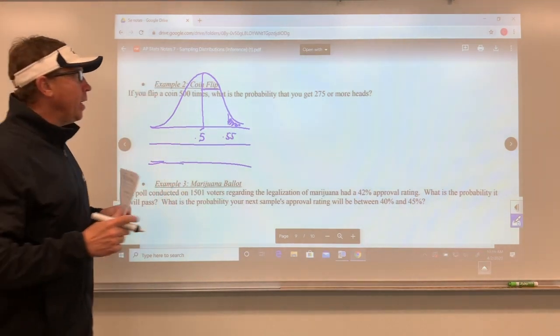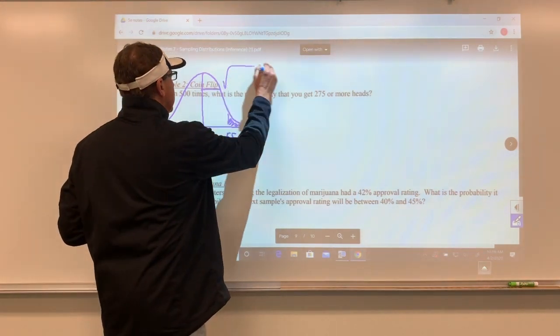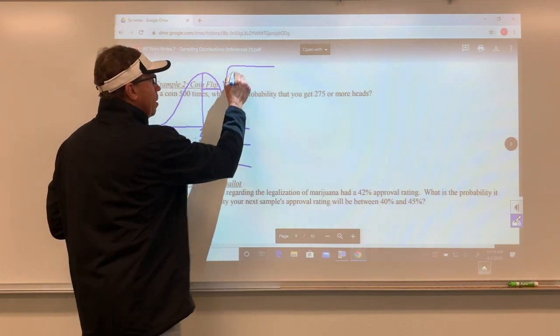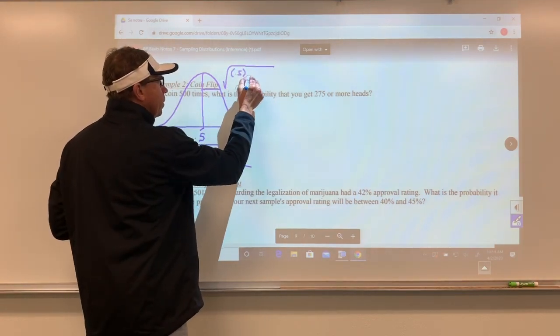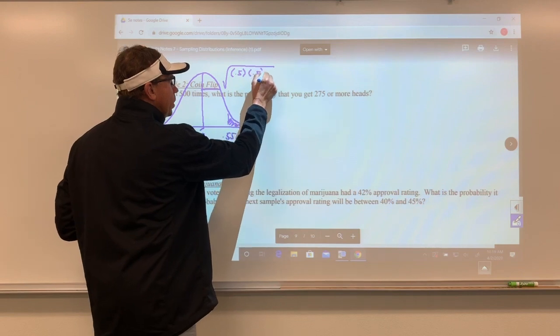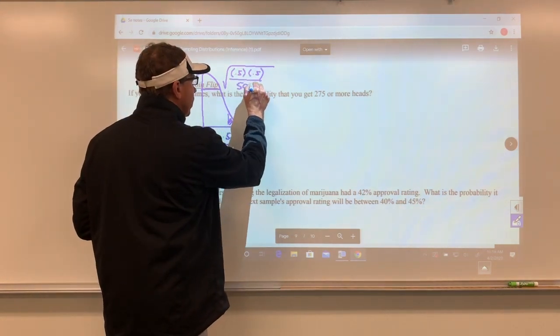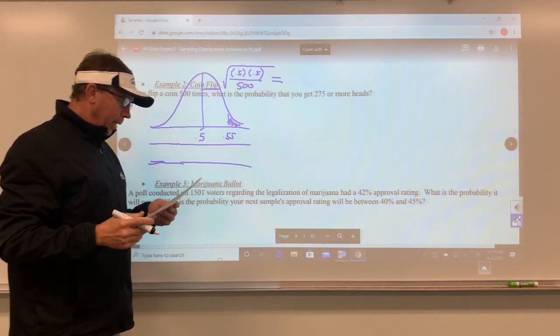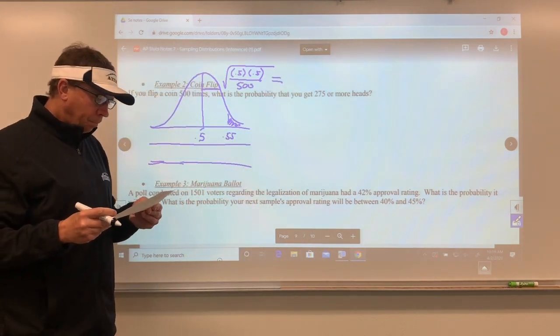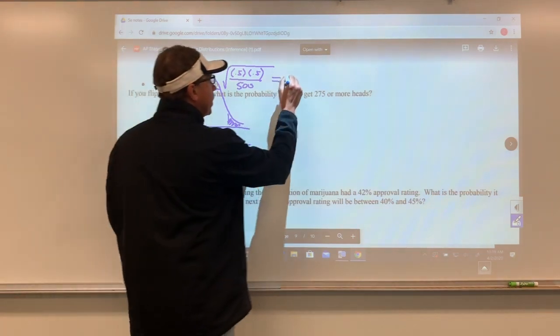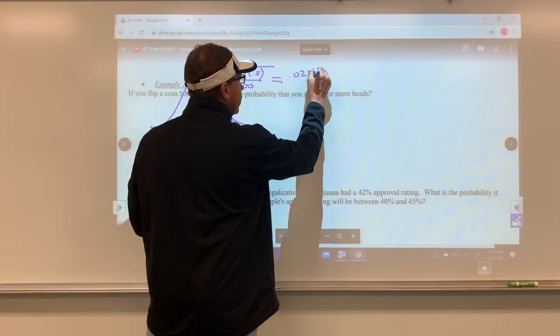I got to get the standard deviation. And the standard deviation is going to be the square root of P, 0.5, times 1 minus P, which is also 0.5, over N, which is 500. And I have previously solved this problem, and it comes out to 0.0224.